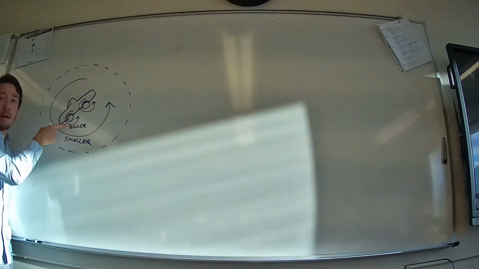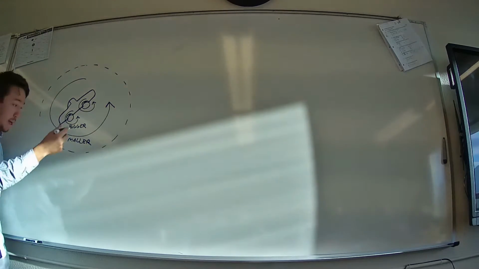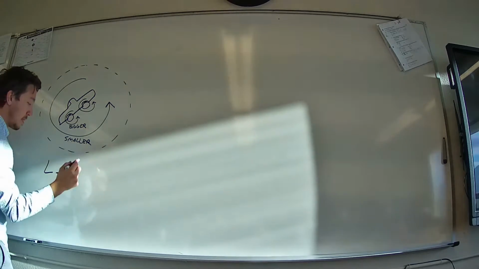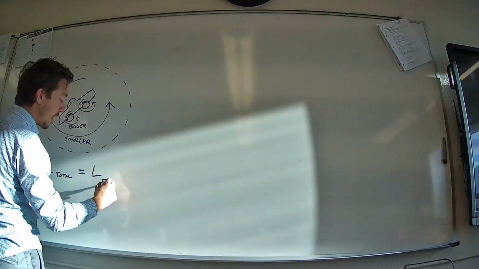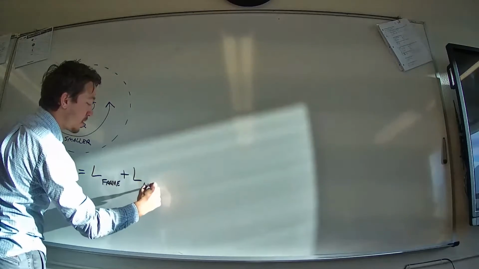Conversely, what if he made these arrows smaller? This would have to get bigger because, again, L total is conserved. So I might say L total is the L from the frame plus the L from the wheels.